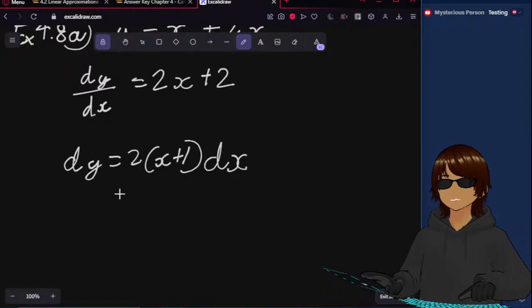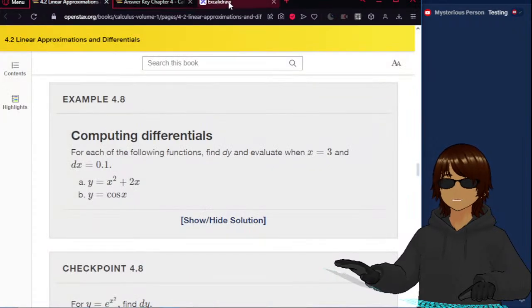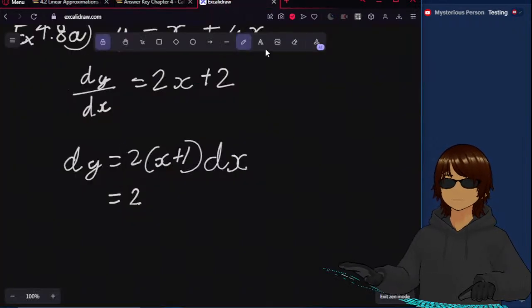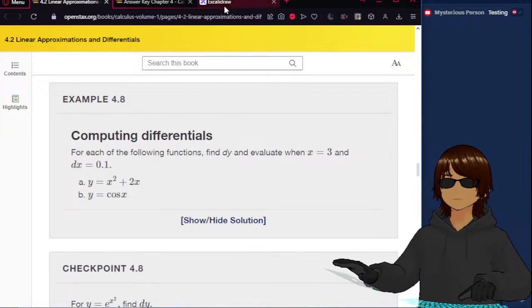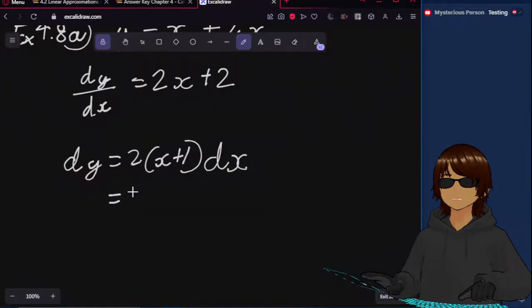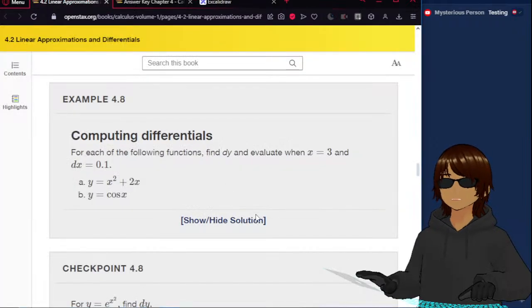So I just have to substitute. What is it? 3 plus 1, 4. 4 times 2 is 8. Then it's 0.8, right? So the change in y is 0.8.